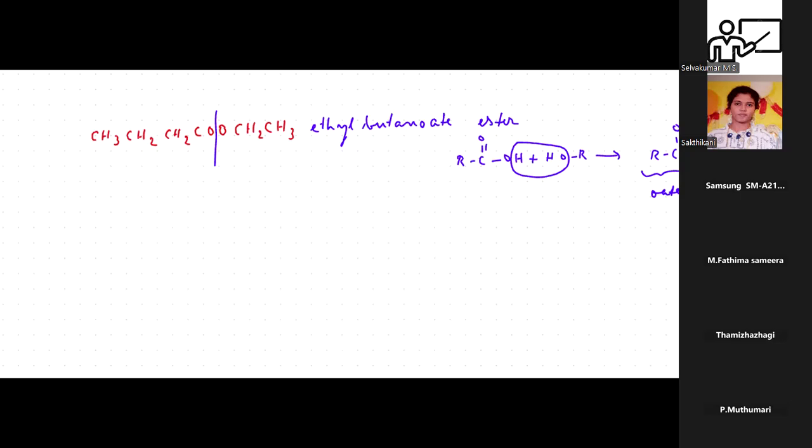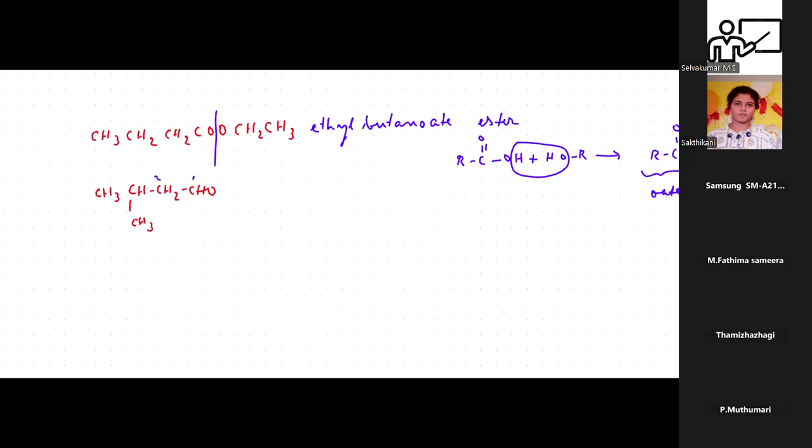Look at this compound. CH3, CH, CH3, CH2, CHO. So this is an aldehyde. Nomenclature: 1, 2, 3, 4.